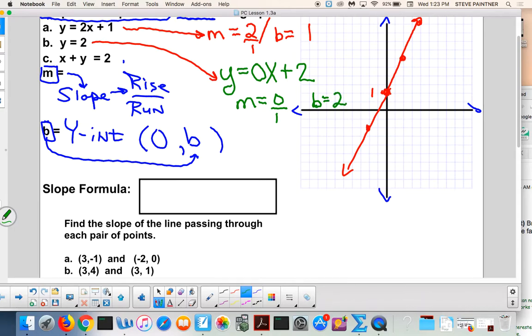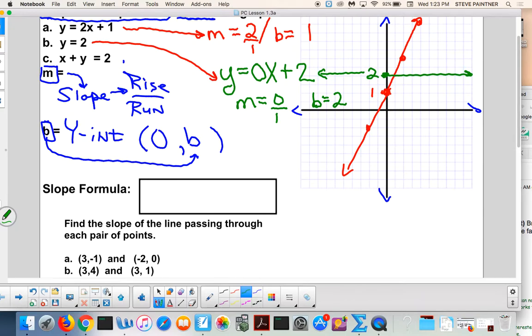Okay, so where do you start? Up 2. A slope of 0 looks like what? It's up 0, run what? 1. So run 1, run 1, run 1. You're not going to go up, so you're going to get what kind of line? Horizontal. Y equals any number is horizontal.